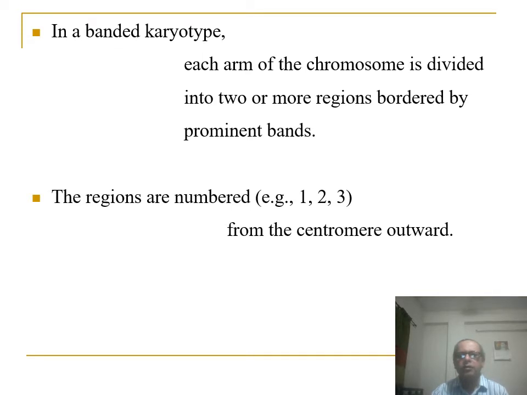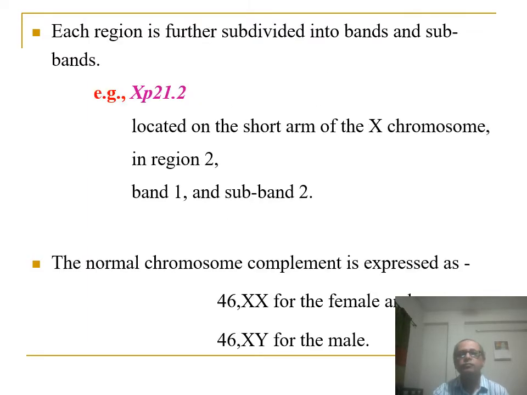The regions are numbered, for example 1, 2, 3, from the centromere outwards. Each region is further subdivided into bands and sub-bands. For example, Xp21.2 means located on the short arm of chromosome X in region 2, band 1 and sub-band 2.